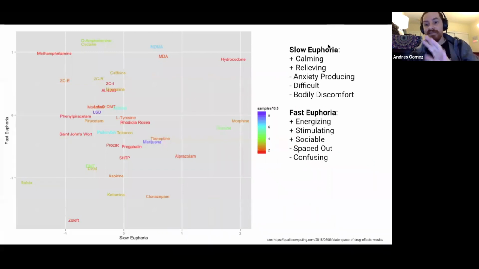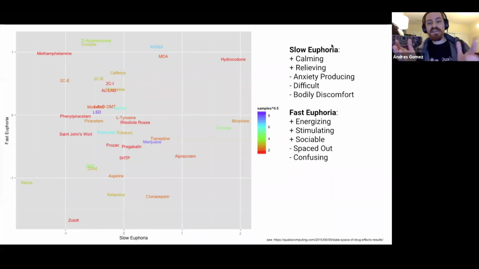This is just one example of how you can recover these dimensions of valence and arousal. This was a little study we conducted years ago, where we gave people who have experience with all kinds of substances an online survey. They described a particular substance along something like 70 different dimensions, and then I conducted factor analysis on that data set.